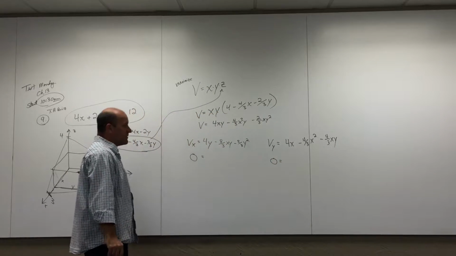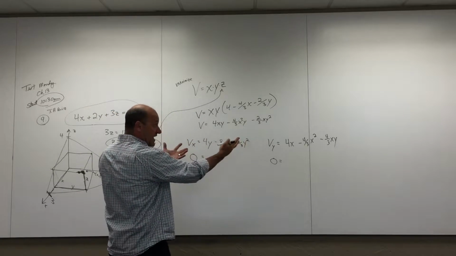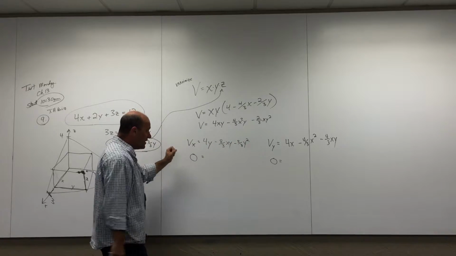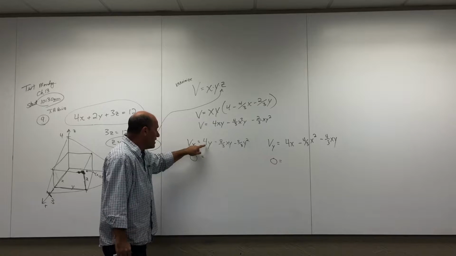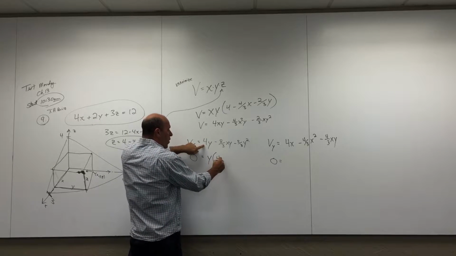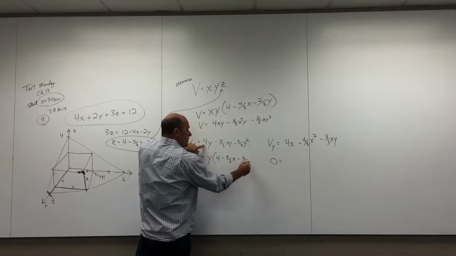Listen, I'm going to show you a slick move right here. You're setting these equal to 0. That's two equations, two unknowns to try to solve for. But let me show you this. Factor it. If you factor out a y, you are left with 4 minus 8/3 x minus 2/3 y.